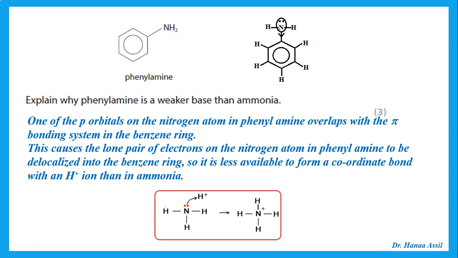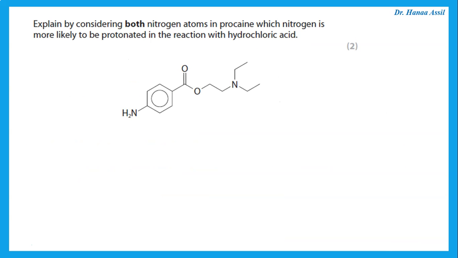This causes the lone pair of electrons on the nitrogen atom to be delocalized into the benzene ring, so it is less available to form a dative or coordinate bond with an H+ ion than in ammonia, and that is why phenylamine is a weaker base than ammonia. Are we following?